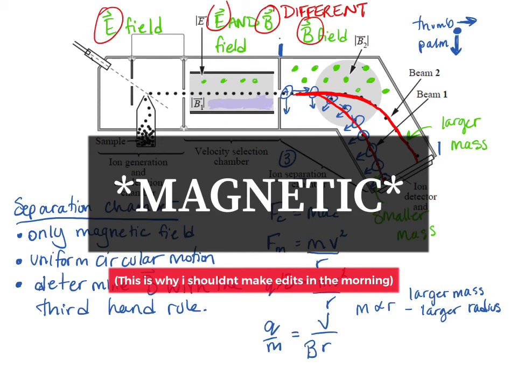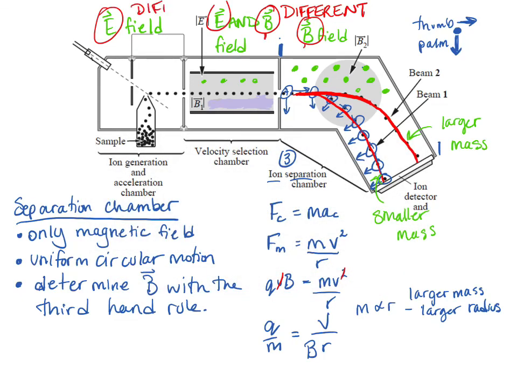I think I said electric field for these two, but I meant my magnetic field. Okay, so these ones are also different. So just because these two are going in the same direction does not mean that they are the same thing. So please keep that in mind and be careful about that.